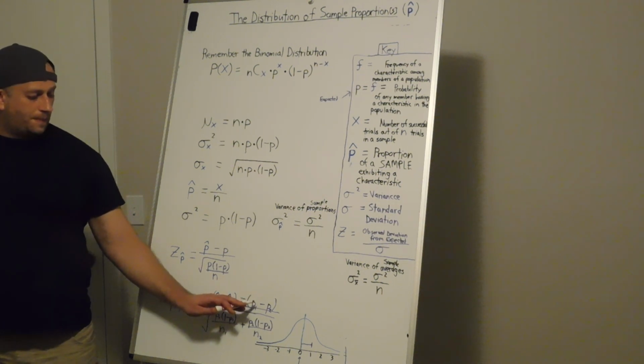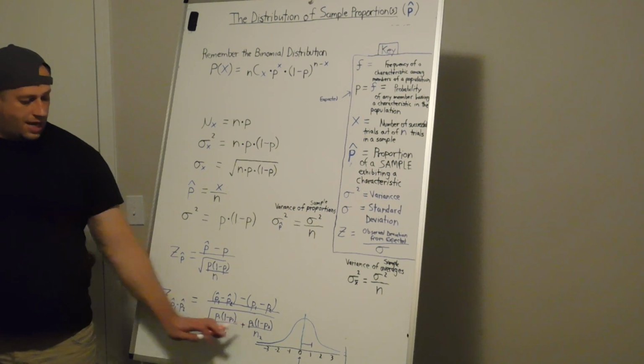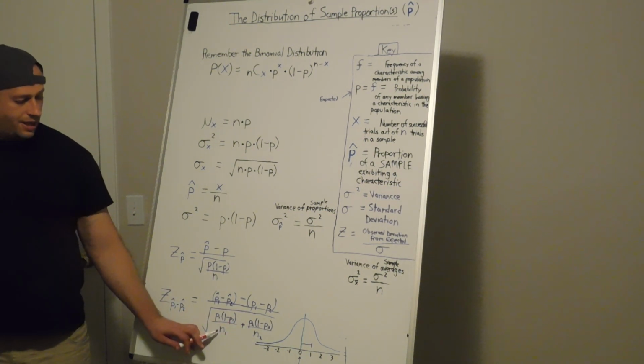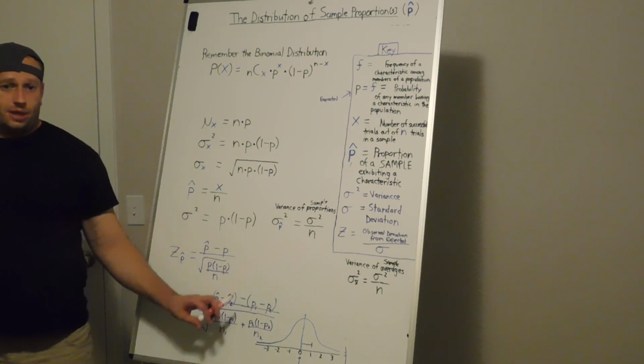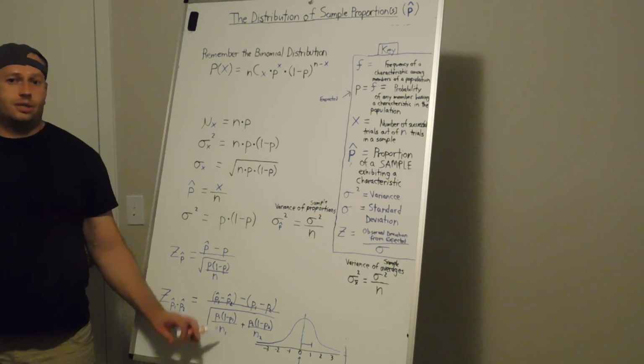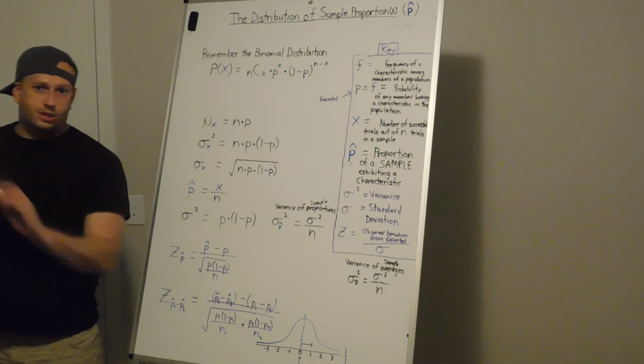We take that, and then we divide that by the square root of the variances of each added together. Those variances we still have to divide by n, because we have a sample size now, and that variance is smaller, proportional to the actual sample size in comparison to the variance of the larger population.